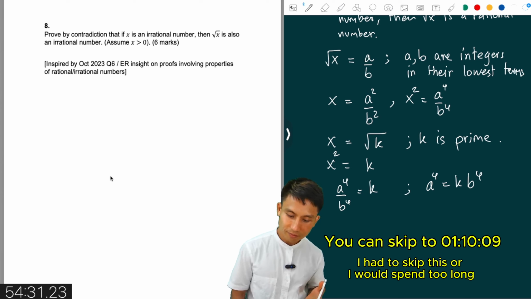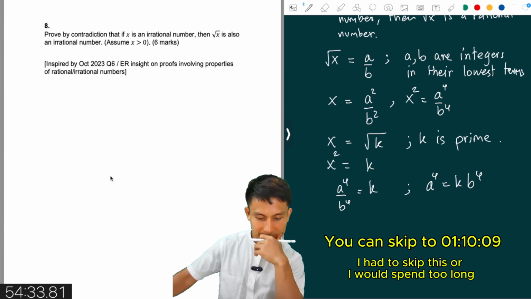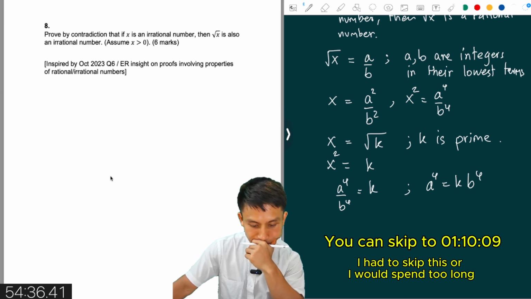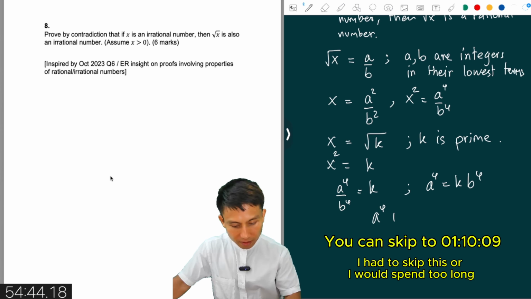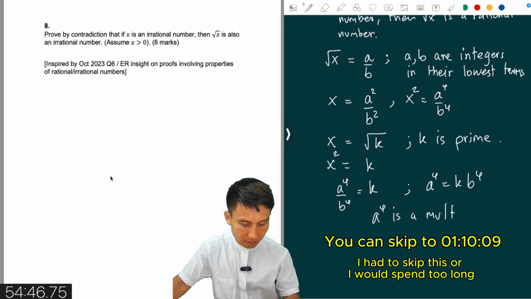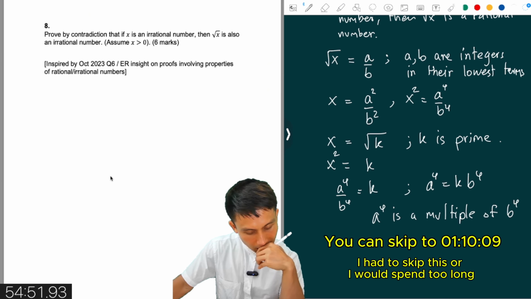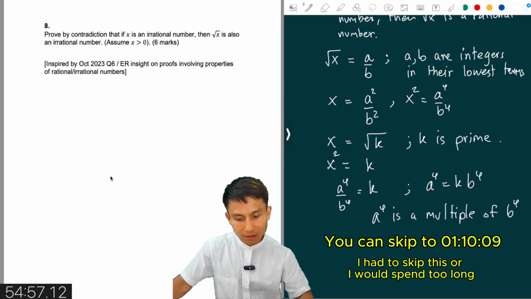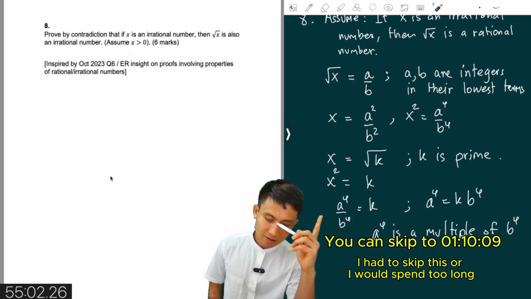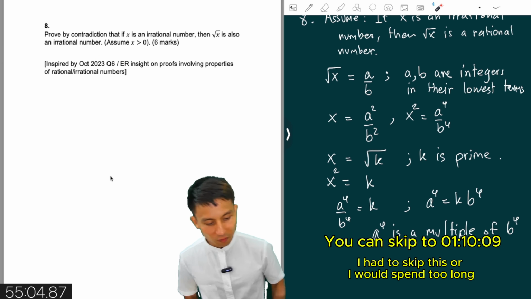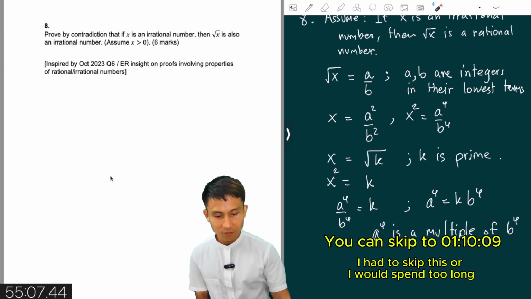Right. What to do with that? Okay. So a to the 4 is a multiple of b to the 4. Somehow it needs to contradict this. But we don't know if a to the 4 is a multiple of b to the 4, then a would be a multiple of b.